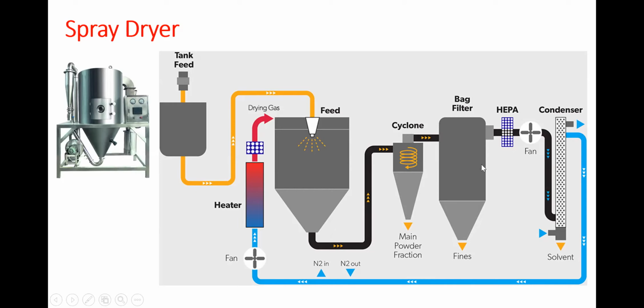So the fine portion here and the coarse portion there, and then going through the fan, some of the gas will go through the condenser here. If there is any liquid or solvent, it will be condensed for further recycling.